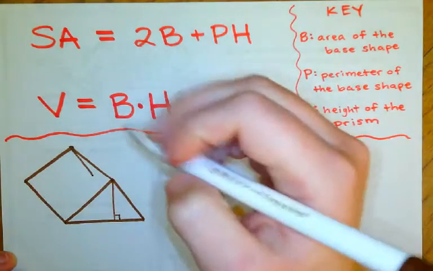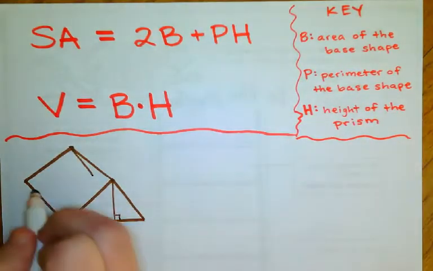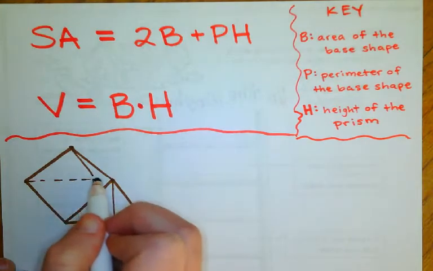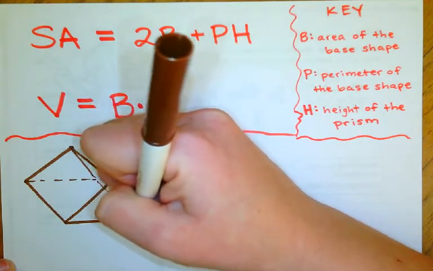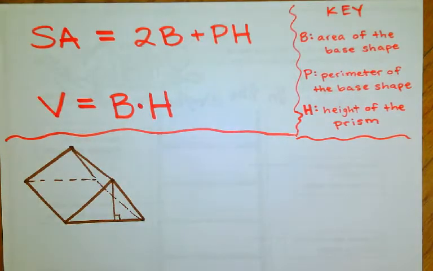Oh, that line was supposed to be dotted. Whoops. Because this is to help us kind of see through our prism. Alright, there's our triangular prism.